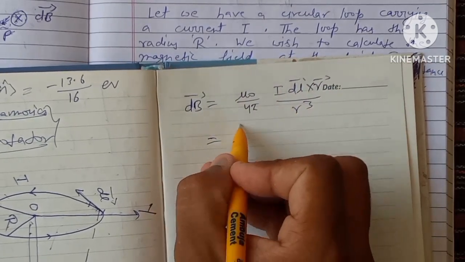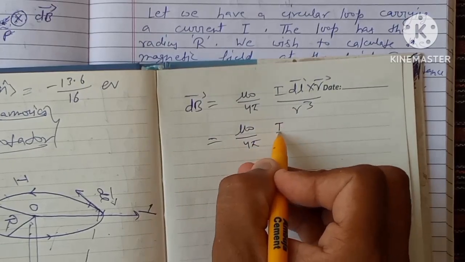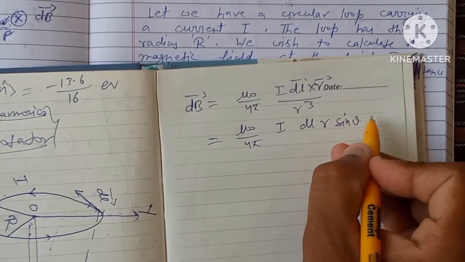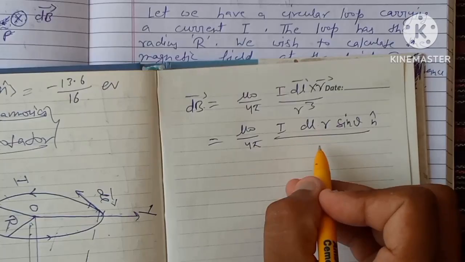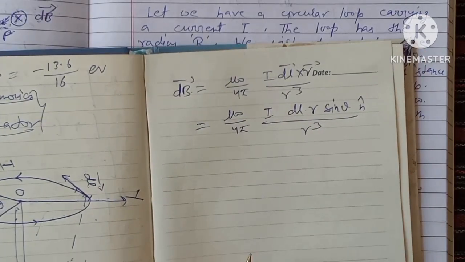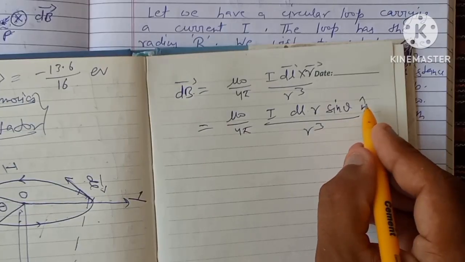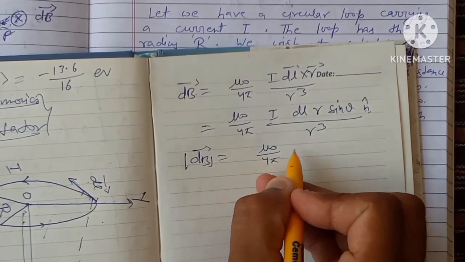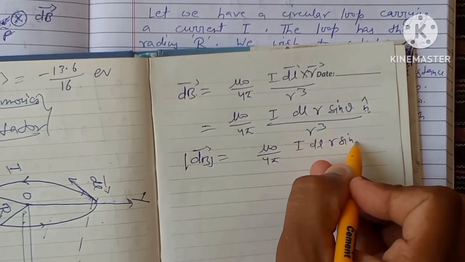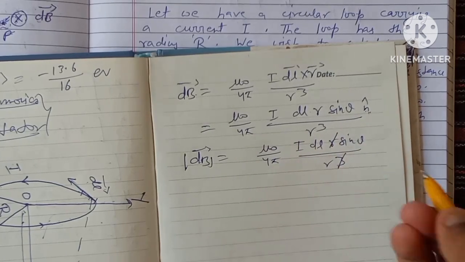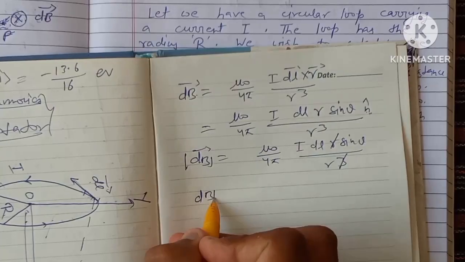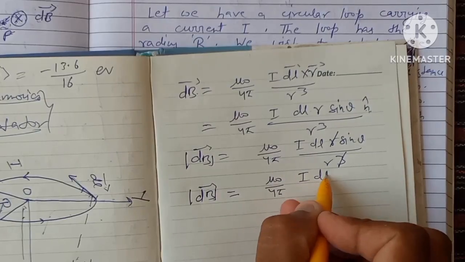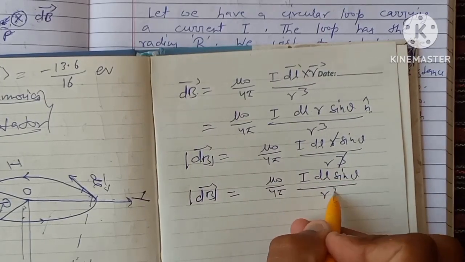So what I have is mu naught divided by 4 pi I, this is dl r sine theta n cap, where n cap is the direction of this dB vector, divided by r cube. Let us take the magnitude only, so just remove this. The magnitude is mu naught divided by 4 pi I dl r sine theta divided by r cube. One r gets cancelled out. So I will get dB vector magnitude is equal to mu naught divided by 4 pi I dl sine theta divided by r square.